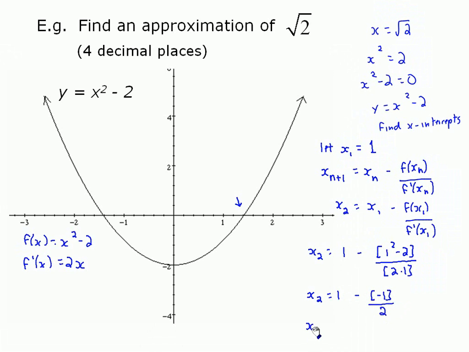So x2 is equal to 1 plus 1/2. So therefore, in decimal form, which is where we're going, x2 is equal to 1.5. Get some more space to work this one out, and we keep on going.